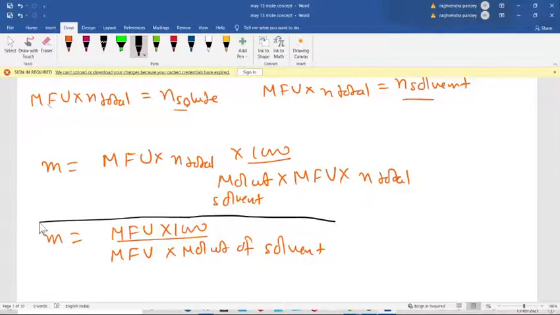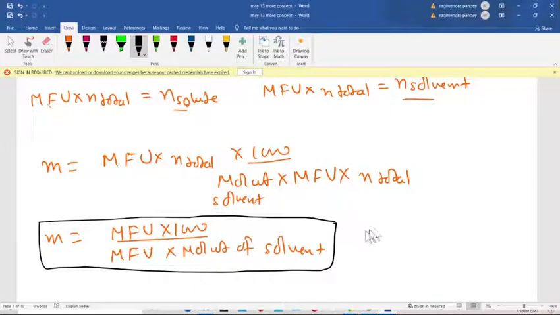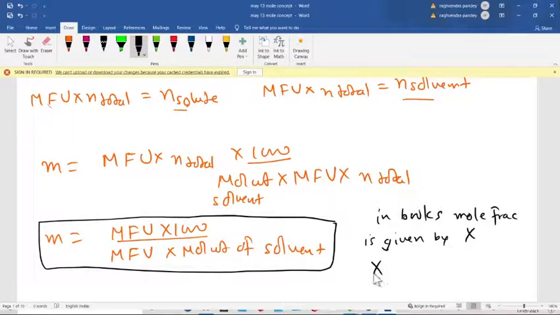Okay, in between there are so many formulas, but you can remember this one. Sometimes in some books, mole fraction is represented by capital X. So capital X of solute.